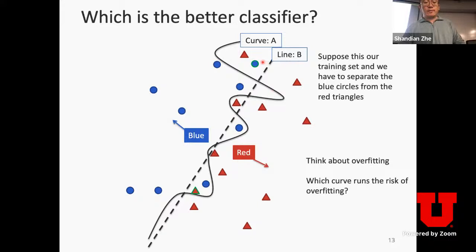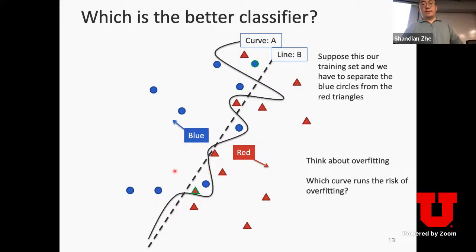For example, if some samples happen to be mislabeled in the training set, then during the prediction phase, suppose I get a blue circle here and a red triangle here, and curve A will make mistakes. Why? Because it was misled by the wrongly labeled samples, by corrupted labels like here and here, to make it so curved.